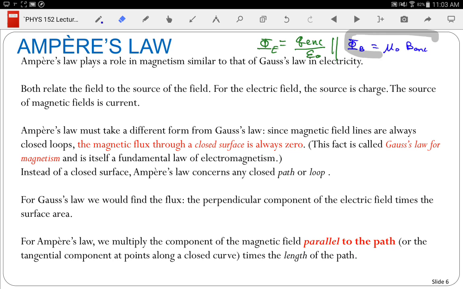So I'm going to now erase that because I don't even know what we should have put for that. We have a different way of writing it usually. So now back to Ampere's law. Ampere's law looks quite similar to Gauss's law. How did you calculate the electric flux in the non-calculus class?